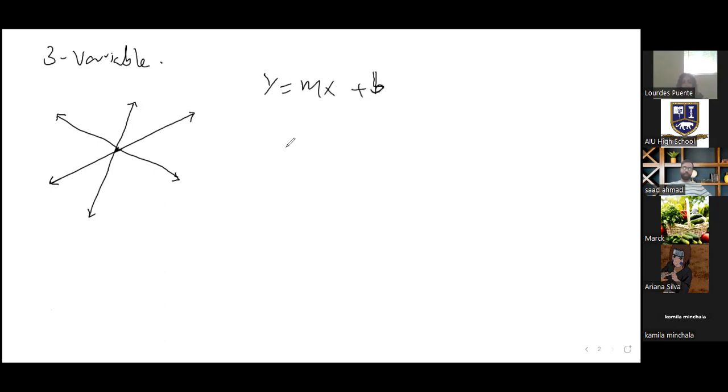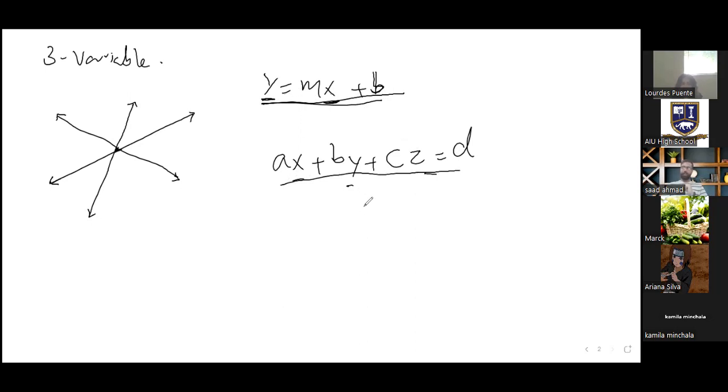When we go to 3 variables, let's say ax plus by plus cz equals d, this is now an equation in 3 variables, x, y, and z. This one does not represent a line. This represents a plane.